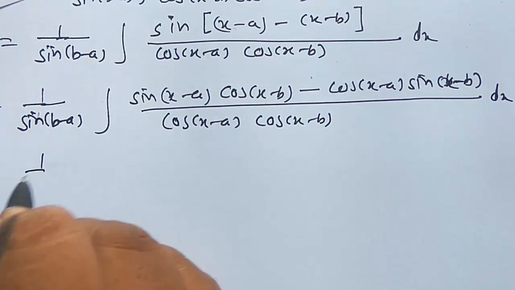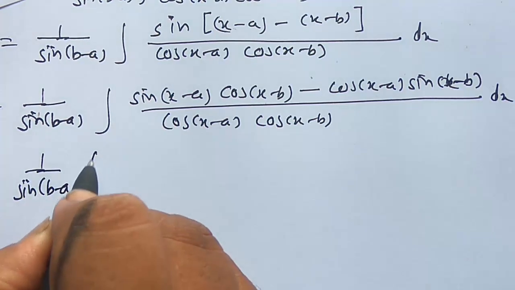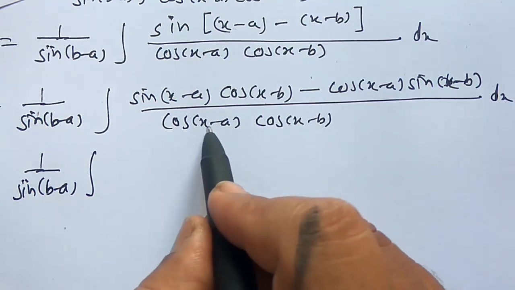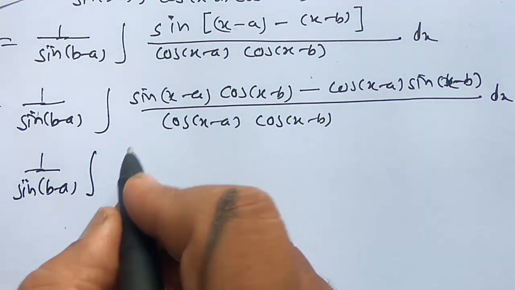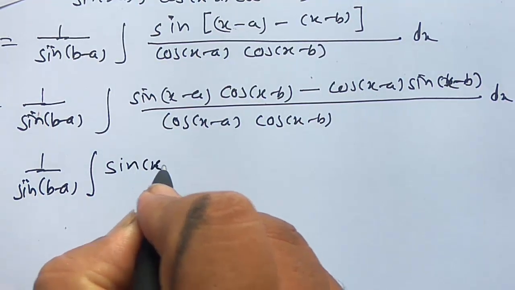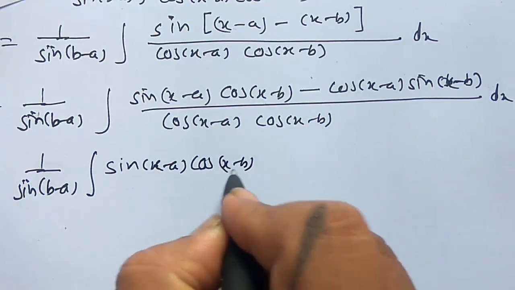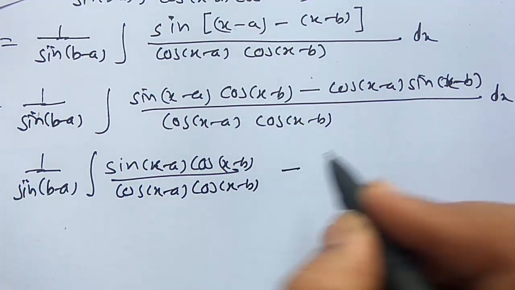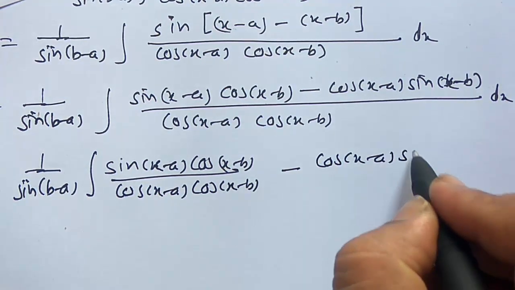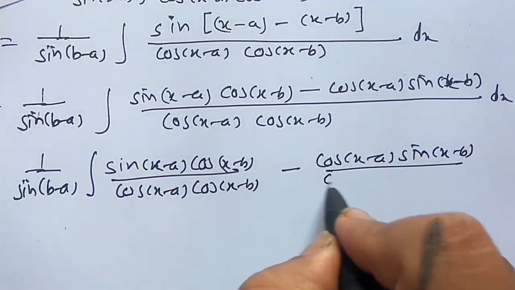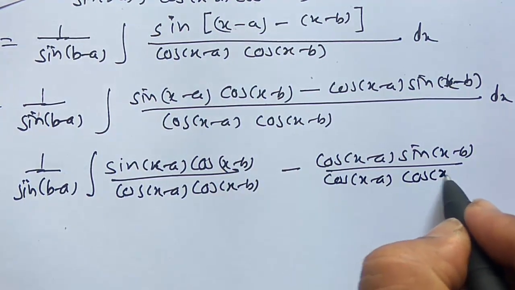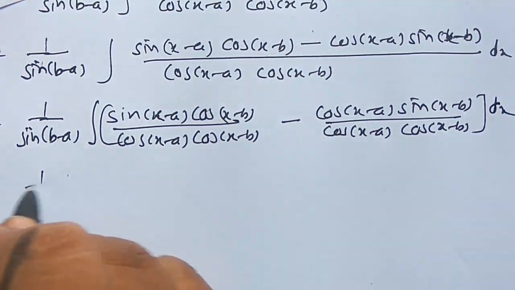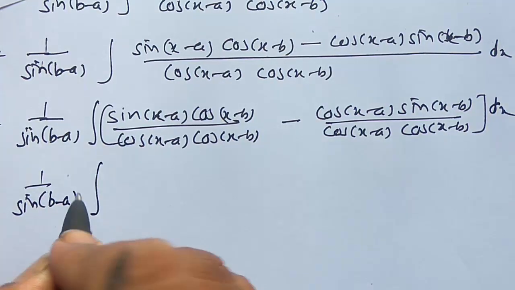This is equal to 1 upon sin of (b minus a) into, dividing by cos of (x minus a) cos of (x minus b) to each term, we get sin of (x minus a) into cos of (x minus b) upon cos of (x minus a) into cos of (x minus b) minus cos of (x minus a) into sin of (x minus b) upon cos of (x minus a) into cos of (x minus b) dx.